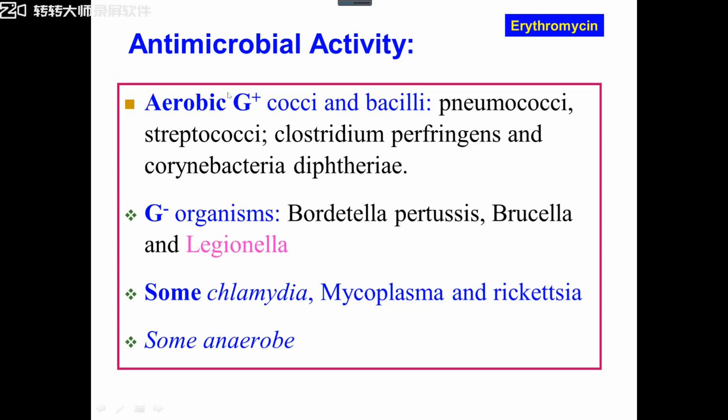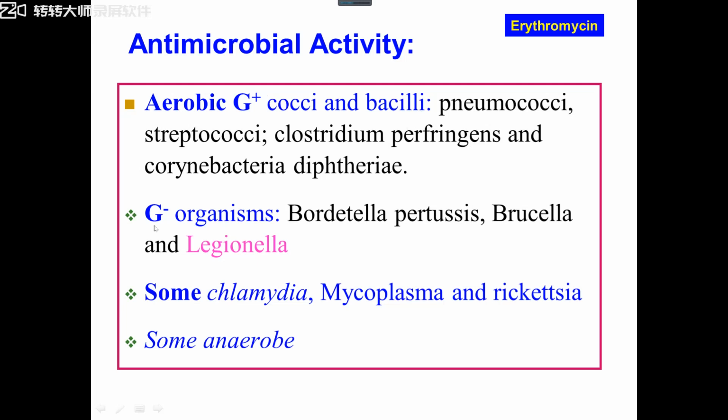Macrolides' first pharmacological effect is that they can inhibit aerobic gram-positive cocci and bacilli, such as pneumococci, streptococci, Clostridium perfringens, and Corynebacteria, similar to penicillin.